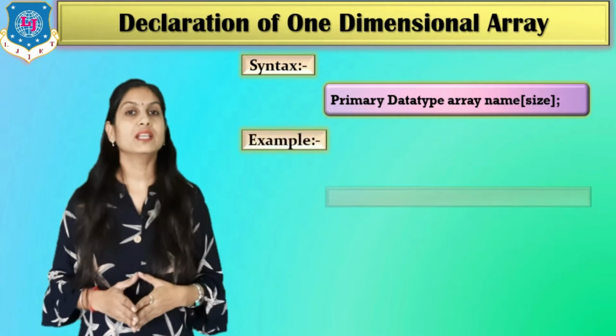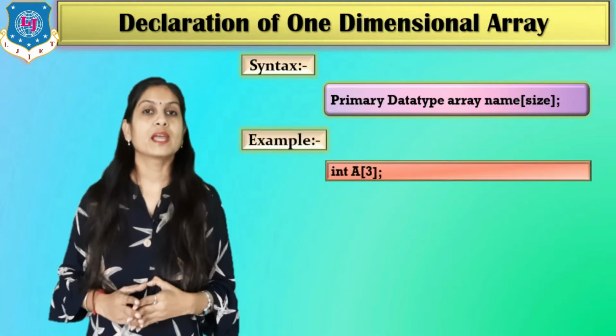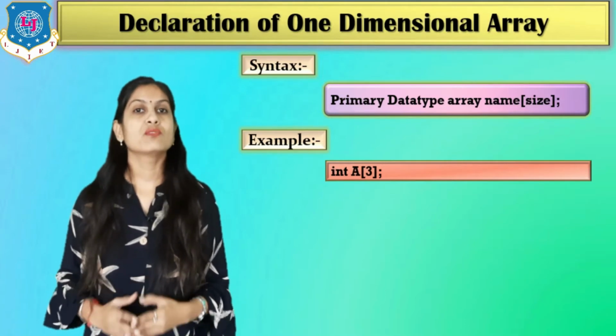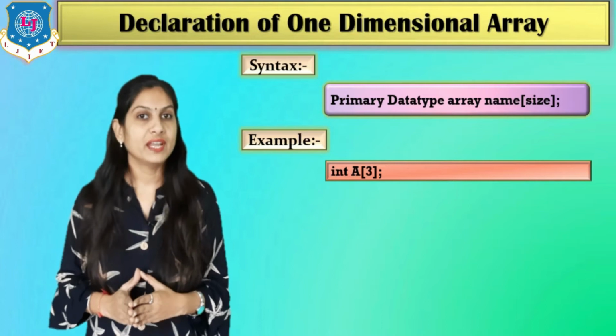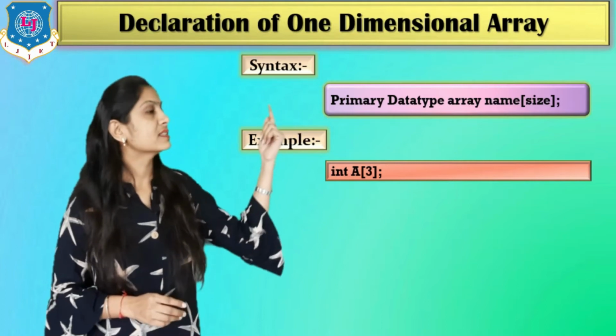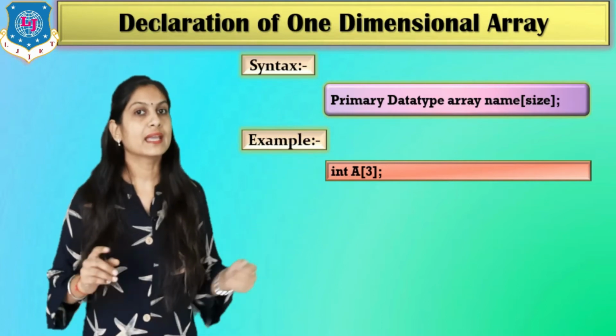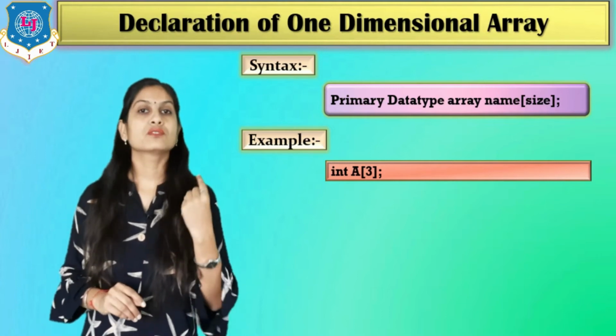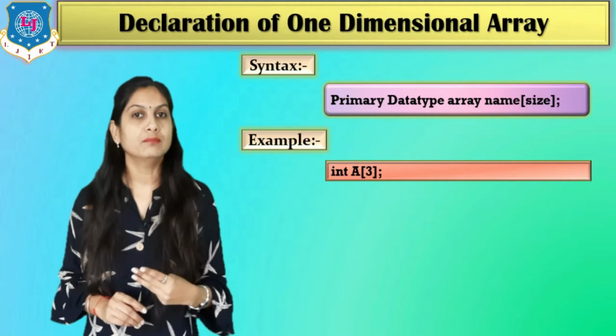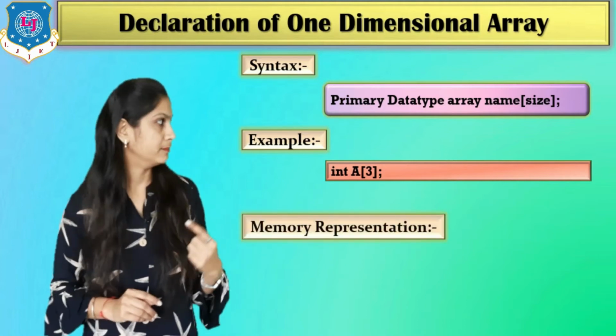Now the example is just like primary data type. Here I have taken integer, meaning you can combine integer kind of data together using the name of array capital A, and the size is here 3, means total 3 elements you can combine in a variable A.